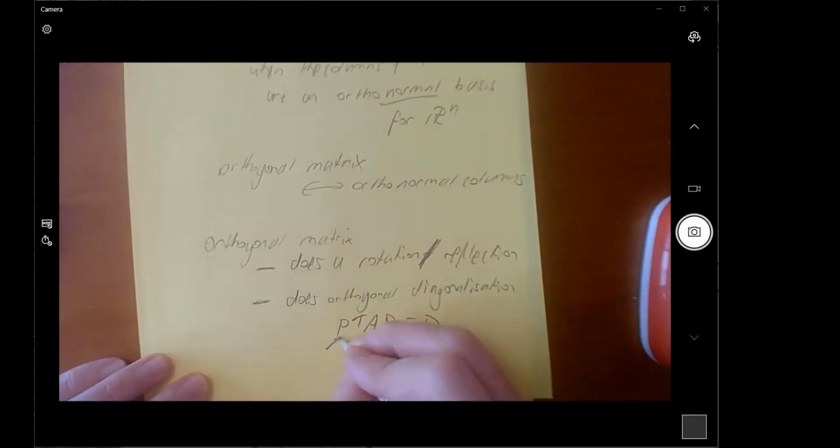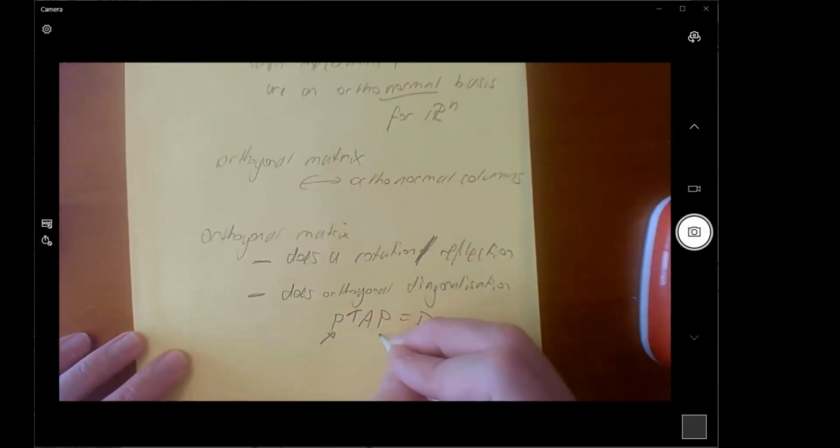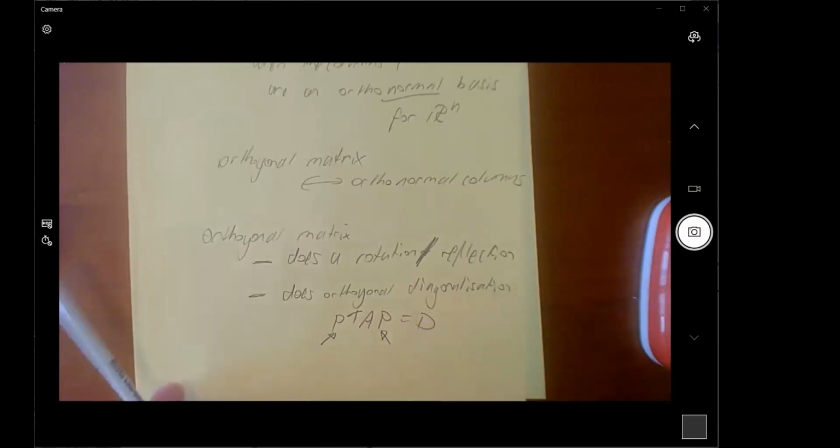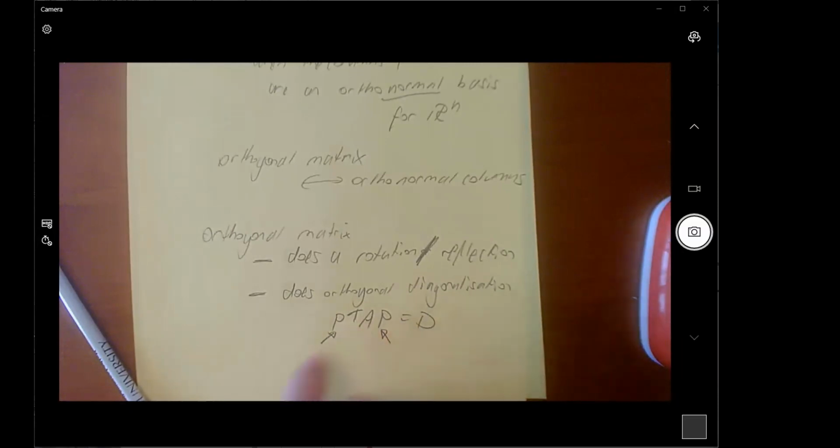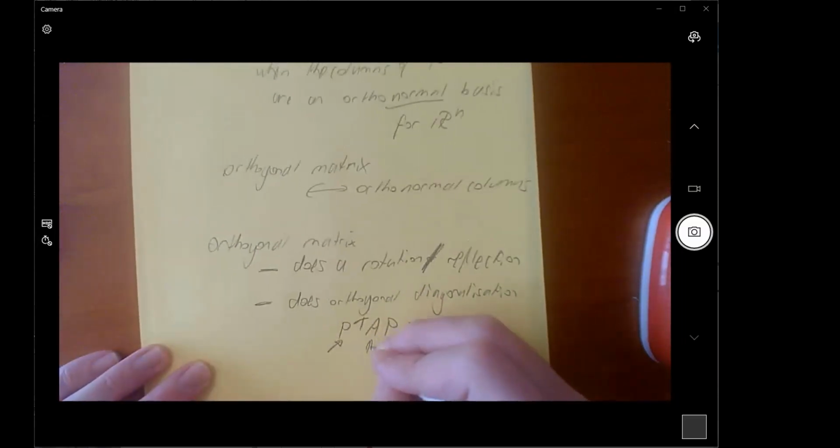So this has to be an orthogonal matrix. And that's different to ordinary diagonalization, because in ordinary diagonalization, your matrix doesn't have to have orthonormal columns or even orthogonal columns. And there's an inverse symbol here instead of a transpose symbol there. And the whole thing will only work if this is a symmetric matrix.